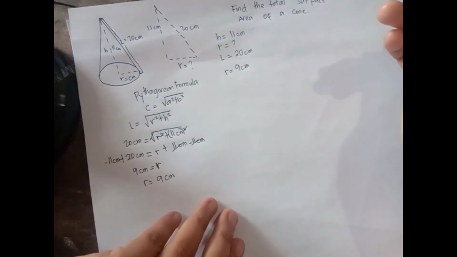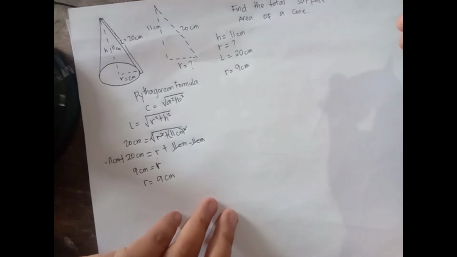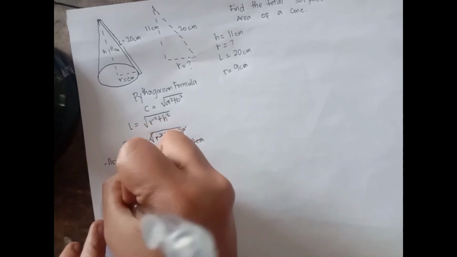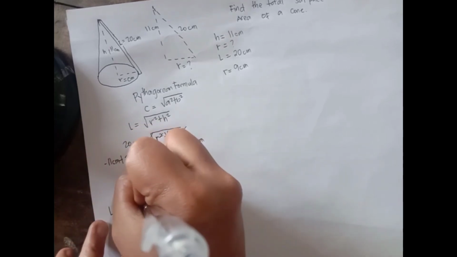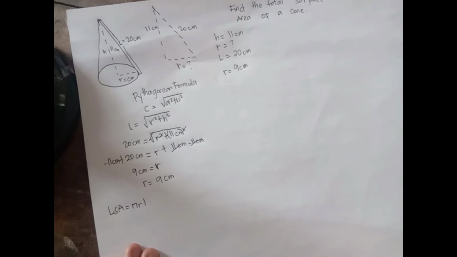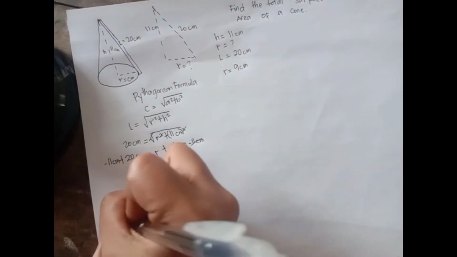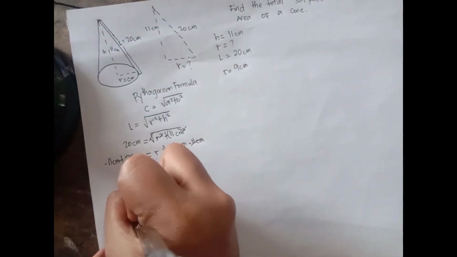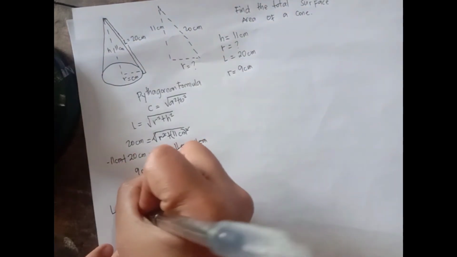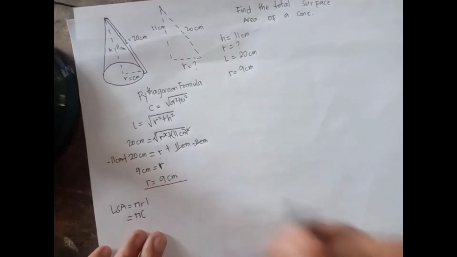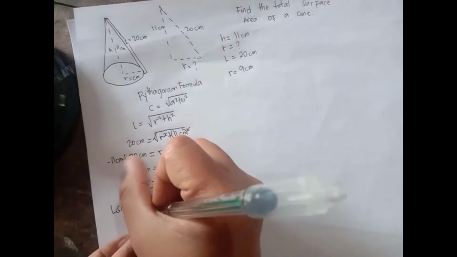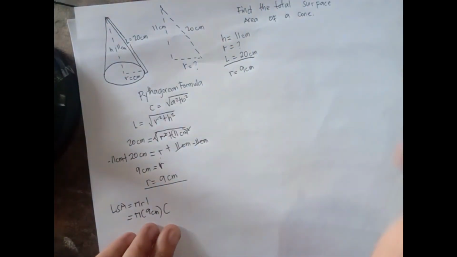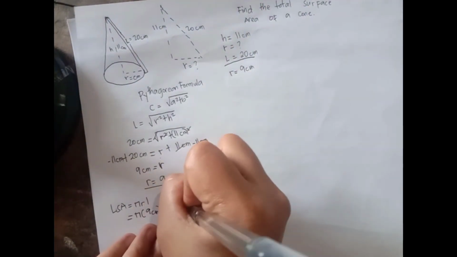Atuan na ding i-solve ang lateral surface area. So, ang lateral surface area formula is equals to pi r L. So let's distribute the numbers, the measurement. Okay, so since we have our radius na 9 cm, then we have the slant height 20 cm.